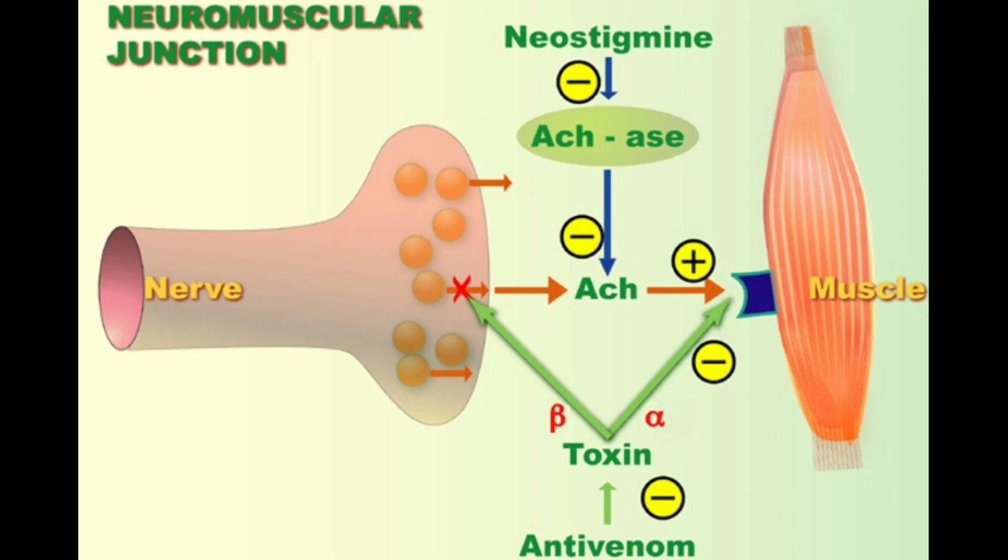Neostigmine prevents breakdown of acetylcholine, and therefore the concentration of acetylcholine in the neuromuscular junction is increased, and it can compete with the competitive antagonist.